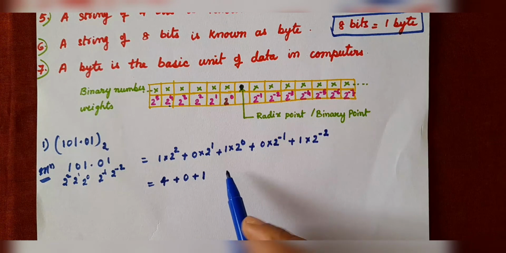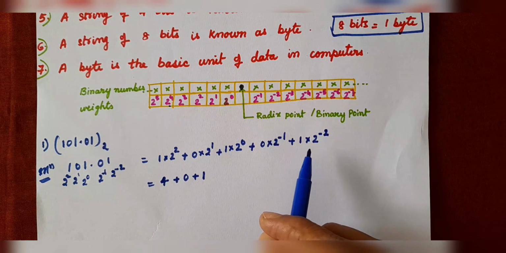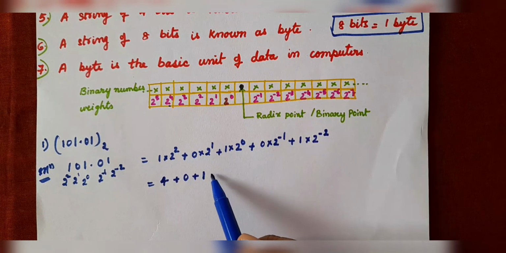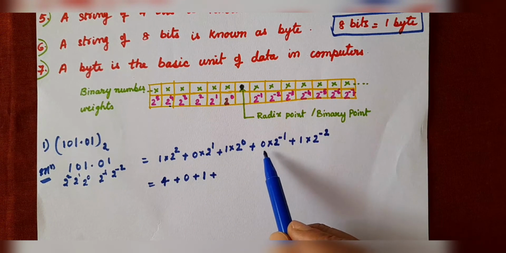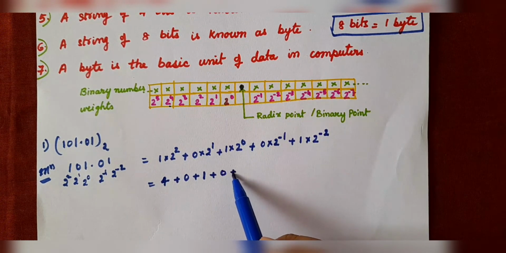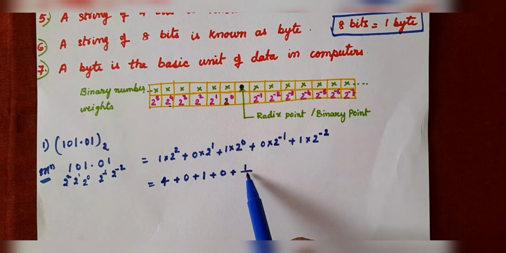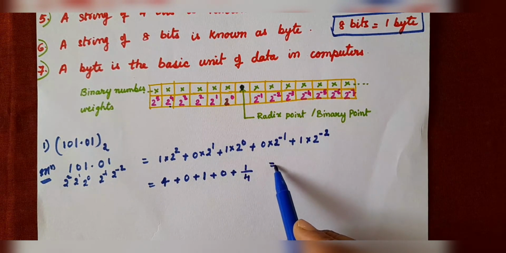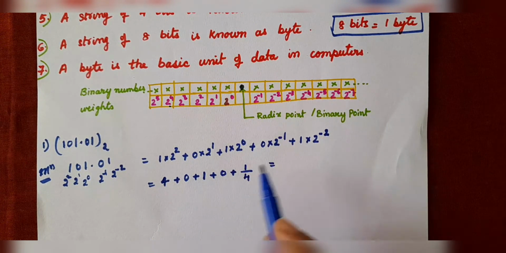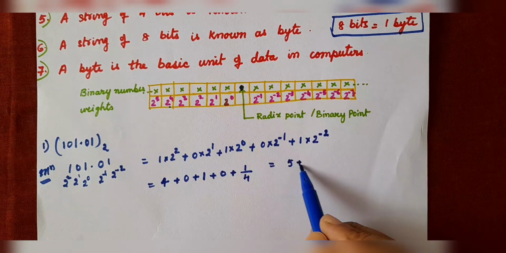So 1 plus 0 plus 1 by 4, which is equal to 4 plus 1, 5, 5 plus 1 by 4.